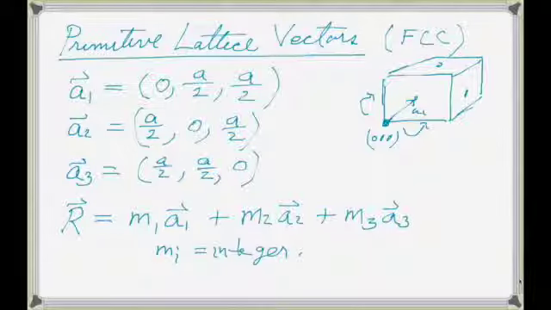If I'm sitting at some position and I translate by one of these uppercase R vectors and look around, it'll look exactly the same. It's periodic in terms of any integer combination of these primitive lattice vectors. And so the entire crystal is just created by taking your 2 atom basis and translating by all possible integer combinations of these lattice vectors.